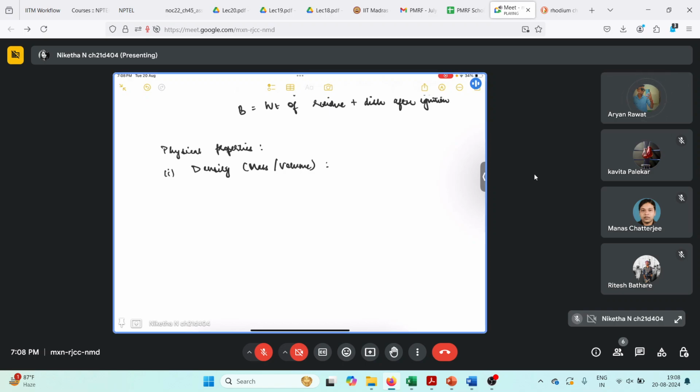So density is also known as specific weight. It can be the bulk density, which is one type of density, and the next one is absolute density.